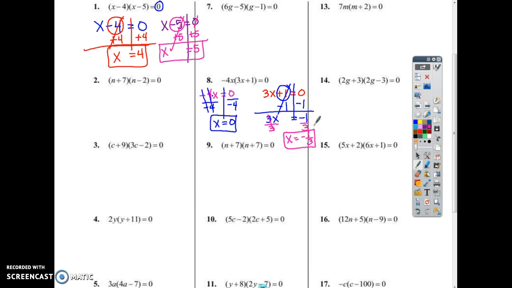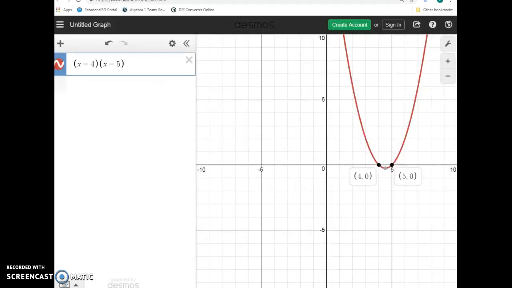Okay? You can also use decimals to see if it'll simplify. So again, you can type this in decimals and figure it out. Now, some of them are going to come out as long decimals, so that's where you're going to have a little bit of trouble. But let's check.